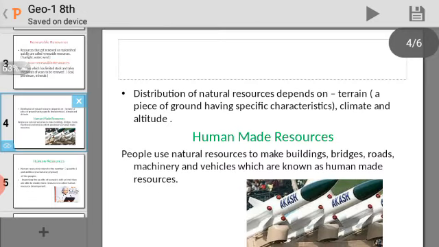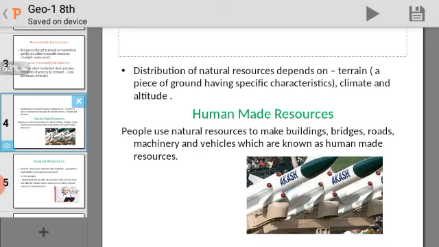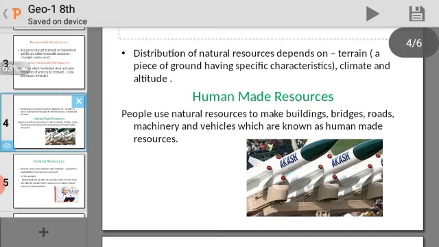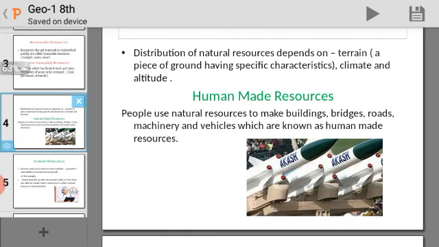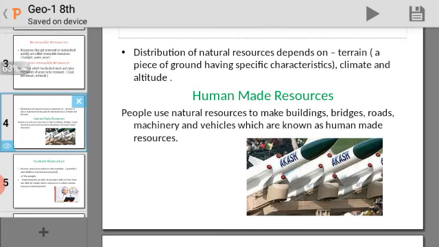Distribution of natural resources depends on some particular factors, and those are terrain, climate and altitude. Terrain in the sense a piece of ground having a specific physical character. Last year you may have studied some of the maps in which you learnt that some particular minerals are found in some particular places, not everywhere.